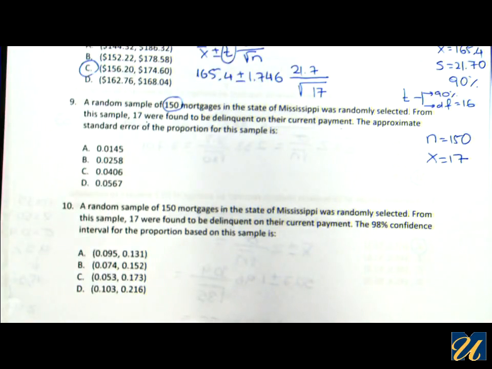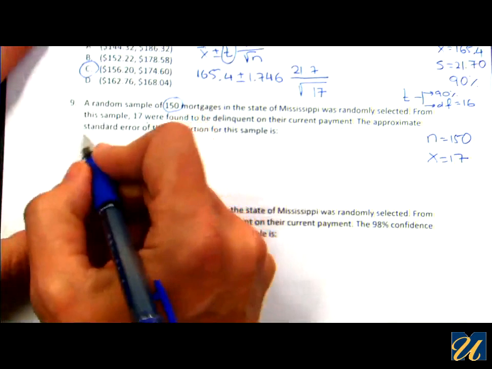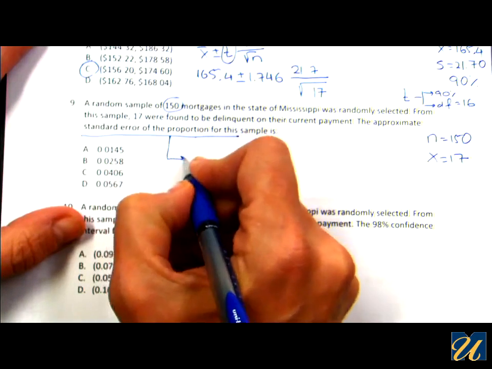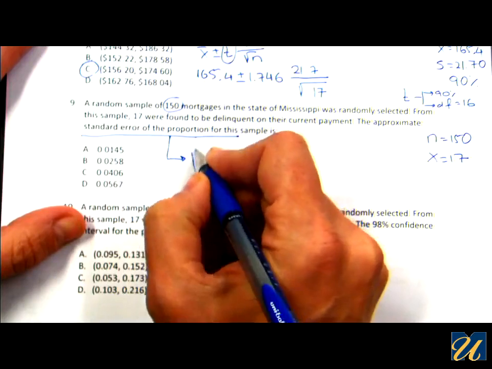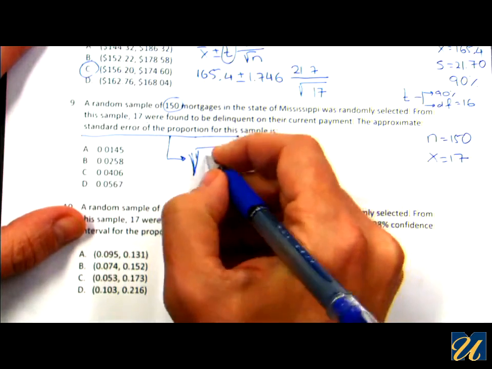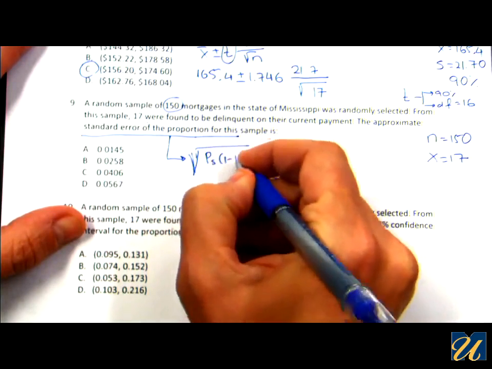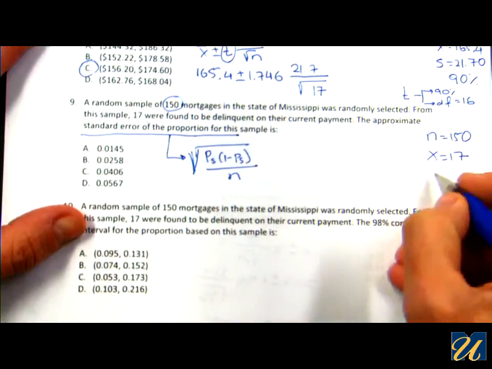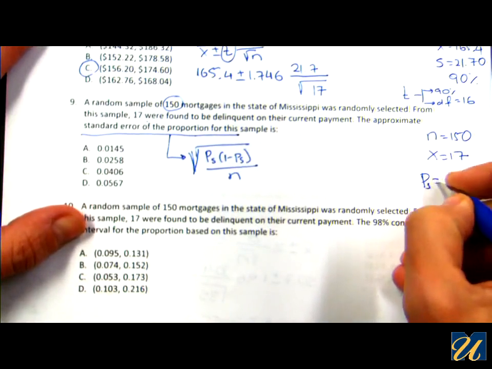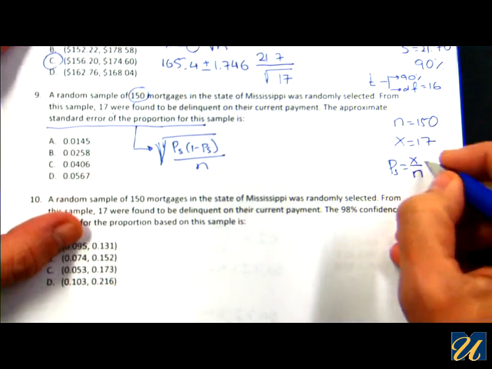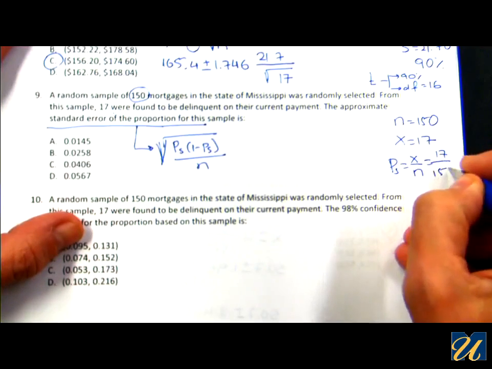The standard error of the proportion will be equal to the square root of p hat times 1 minus p hat over n. To find p hat, I will need to do x over n, which I have, 17 over 150.